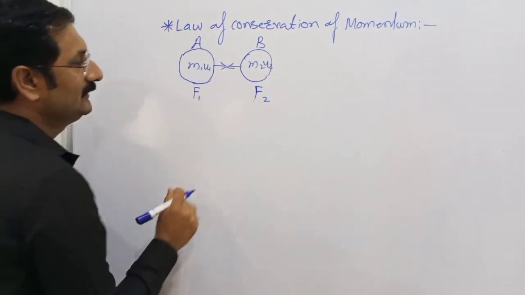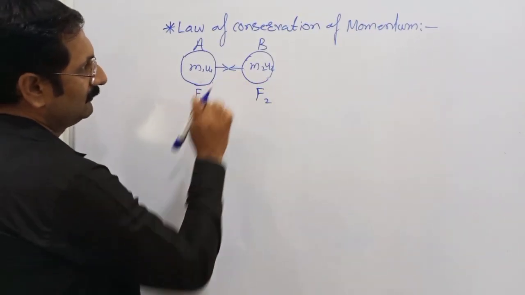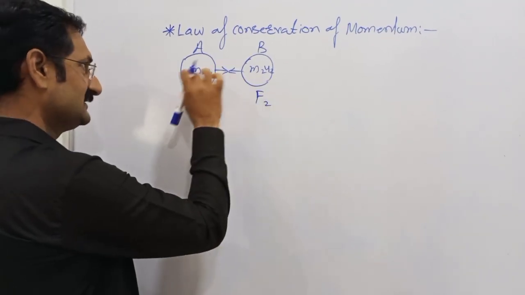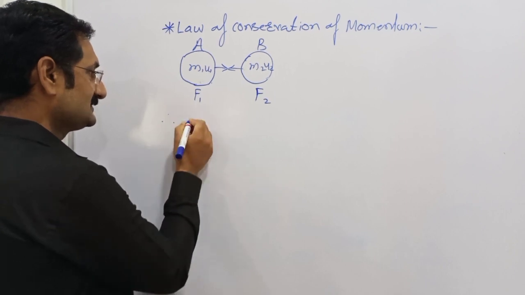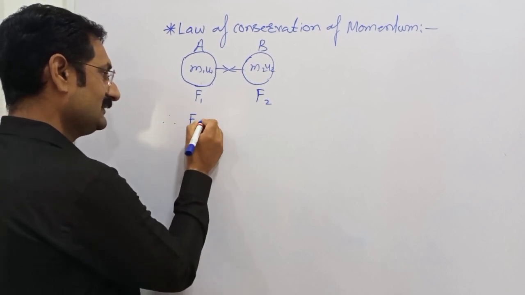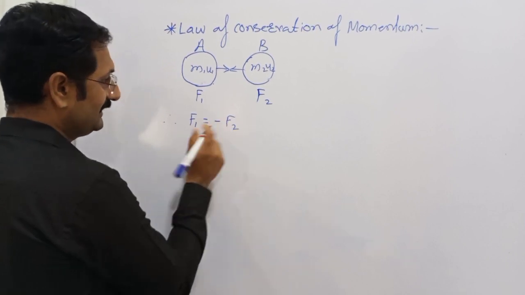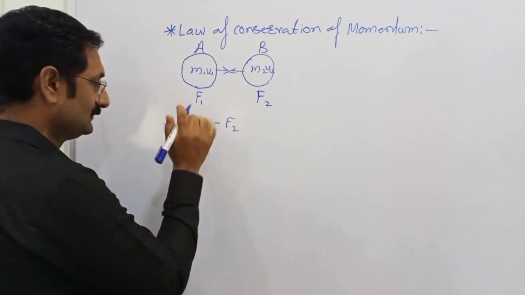Then, according to Newton's third law of motion, object A exerts a force on object B, and at the same time, object B exerts a force on object A. So F1 is equal to minus F2. This negative sign indicates that this force is opposite to the force F1.